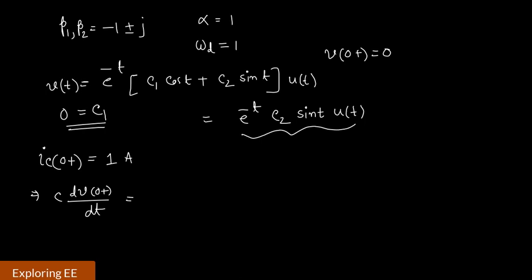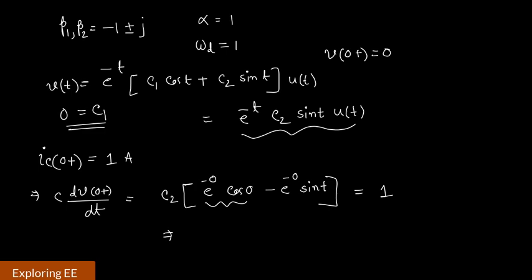So dV/dt at t equal to 0 plus, this is the expression of voltage. It will be C2 times e to the power minus t, that is 0, into d/dt of sin t, which is cosine t, that is cosine of 0, minus e to the power minus t, that is 0, into sin t. So it will be equal to unity, 1 ampere.